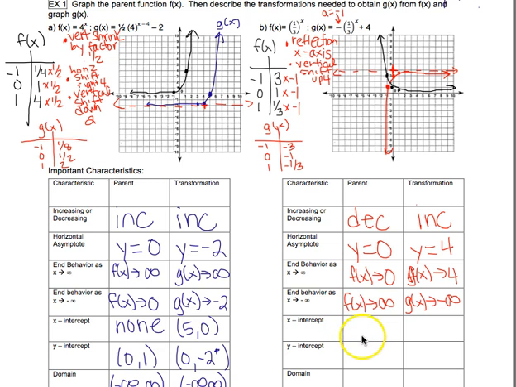All right, x-intercepts. On my original, there isn't one because it does not cross the x-axis. On my transformation, I know it has one, but I don't know what it is. In this case, it looks like it's pretty close to maybe -1. So again, we could find it with a lot of algebra or graphing calculator, but that's not really the focus of this lesson.